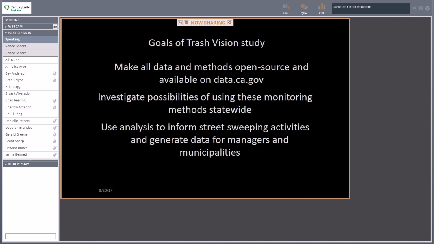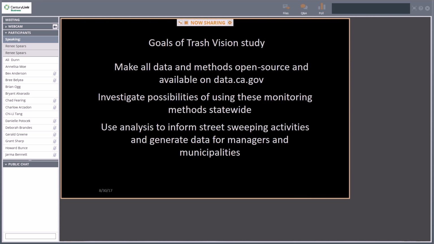The goals of this trash vision project study, and ultimately of developing an image-based search engine, are that we'd like to make all this data and the methods open source and available. They will be available on data.ca.gov. They're also available, or will be available, on my GitHub account.